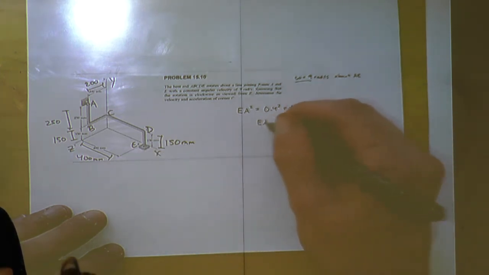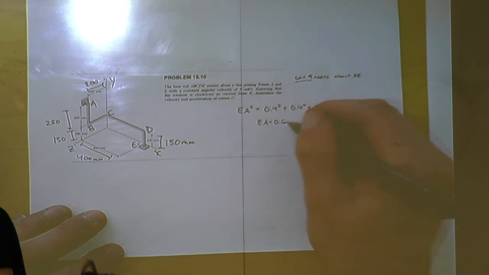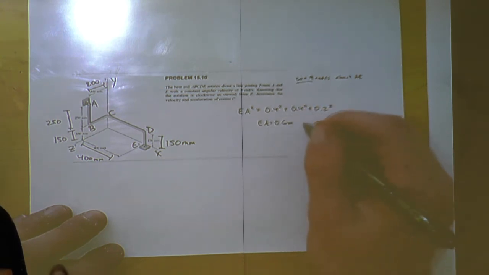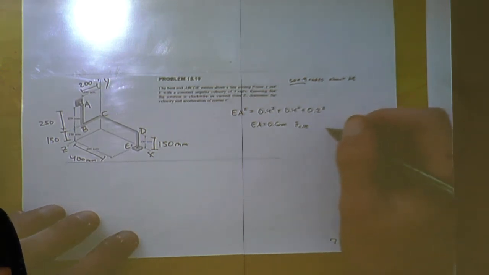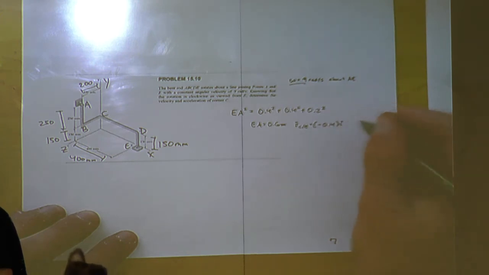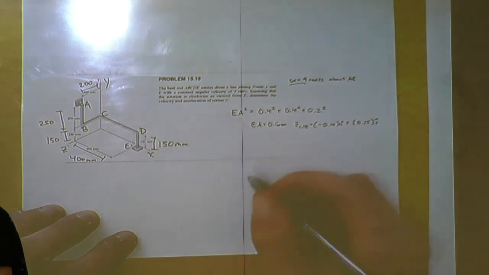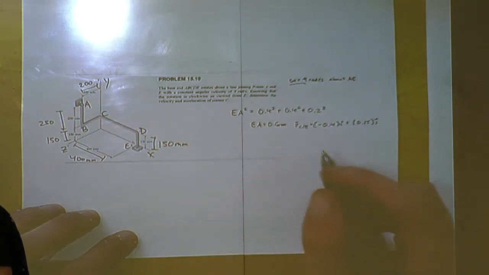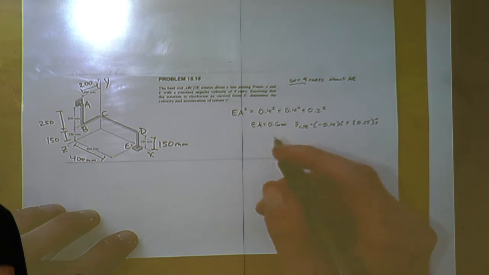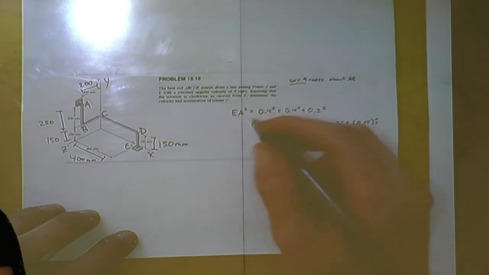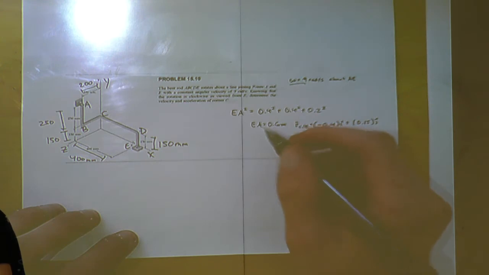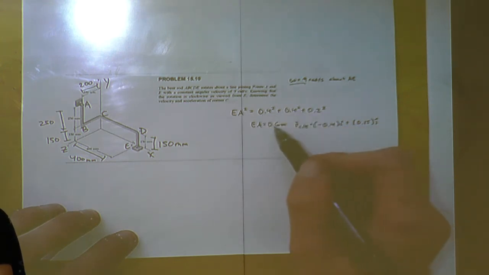And so EA is going to come out to 0.6 meters. So RC, and then RC relative to E is negative 0.4 I plus 0.15 J. So from here to here. There's going to be a square root of all those squared, right? For your EA? Yeah. This is square root of all of that, to get this.